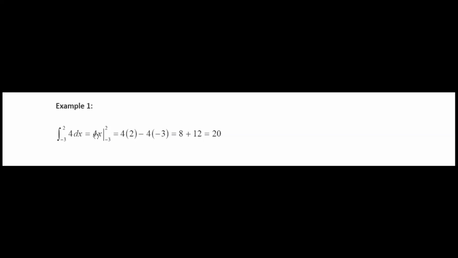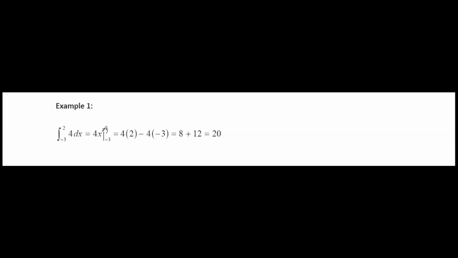But this is just 4x. And we're hanging out numbers here momentarily so that we don't do too much in one step. In other words, the antiderivative is 4x, and our limits are -3 to 2.